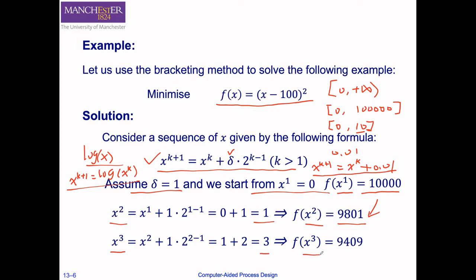At x is equal to 3, we also evaluate the function value, which is 9,409. The function value still decreases compared to the function value at x is equal to 1. So we need to continue.